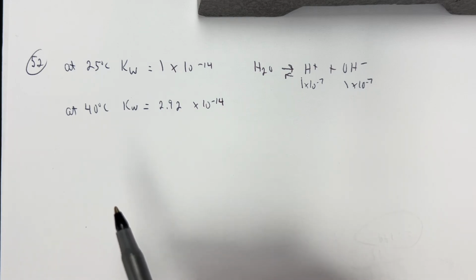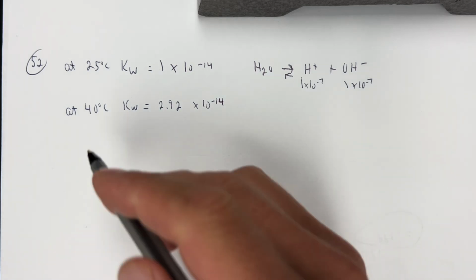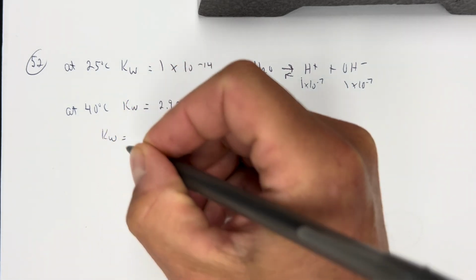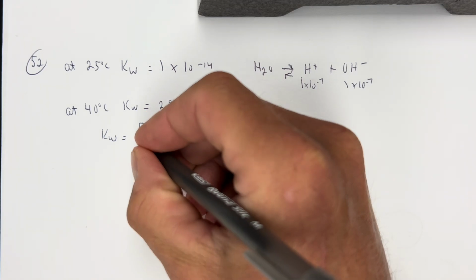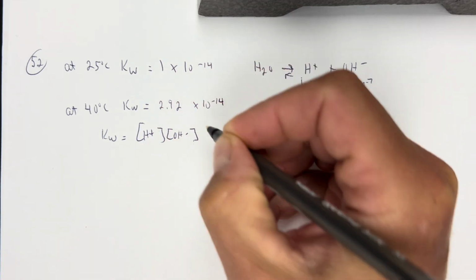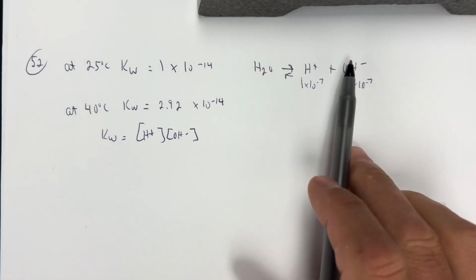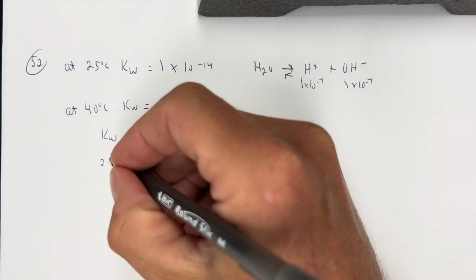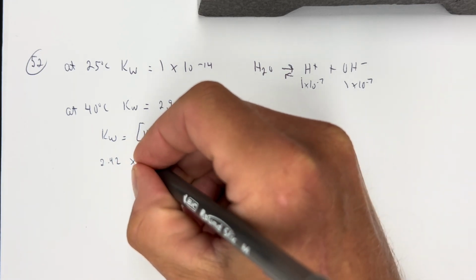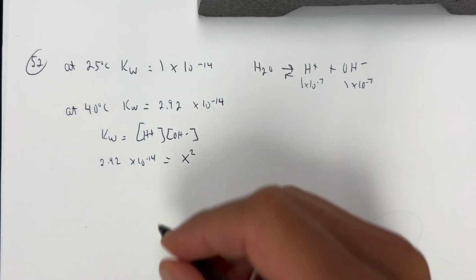Now, letter A wants to know what is the concentration of H plus and OH negative in pure water at 40 degrees Celsius. Remember, the Kw of water equals the concentration of H plus times the concentration of OH negative, over nothing, because water is a liquid. These are both aqueous. So we can go 2.92 times 10 to the negative 14th equals x squared.